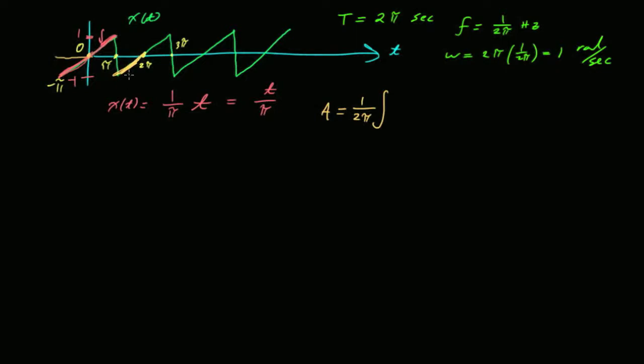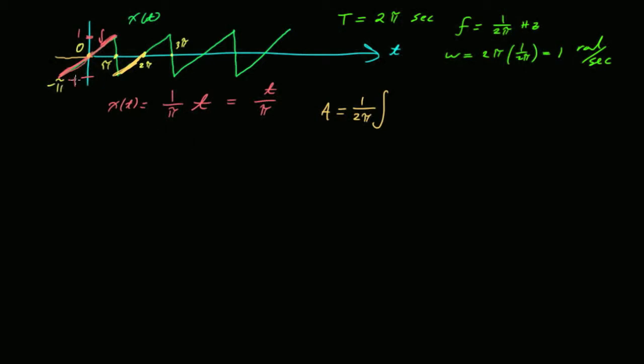So that's 2 formulas for x, right? Because this formula, t over pi, only applies over here, but it doesn't apply over here. So that would mean I would have to do 2 equations, 2 integrals. Now instead of integrating from 0 to 2 pi, what if I integrated from minus pi to pi? Can I use the same equation for x of t? Yes. Okay, so that's it. I make it a little easier for myself. I don't have to do it that way, but I like things that are easier.